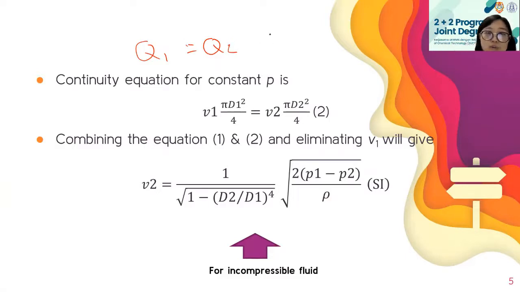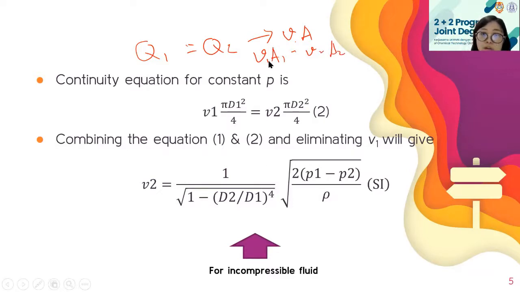Since in general Q equals V times A, velocity times area, then I can say that V1 times A1 equals V2 times A2, right?